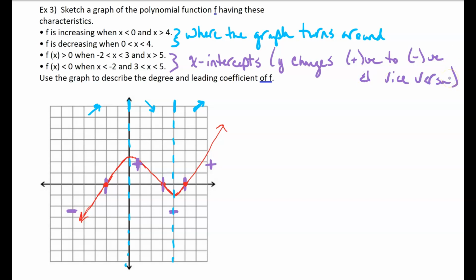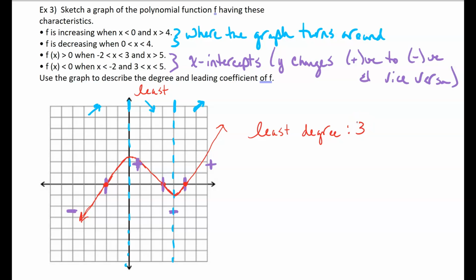Okay. So it's asking us to describe the degree of the leading coefficient. Really, the only thing we can tell about this is whether it is even or odd. So I'm going to add in here the least degree, because what is the least degree of this function? The least degree is 3.